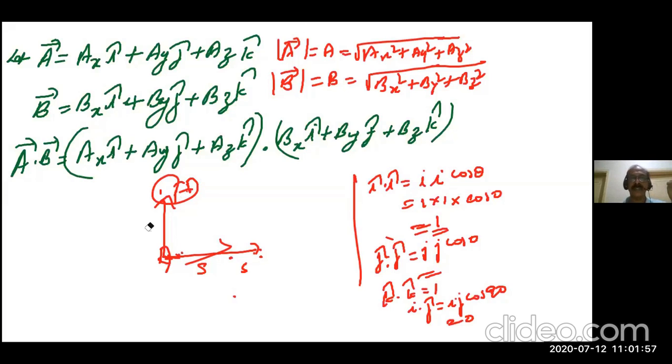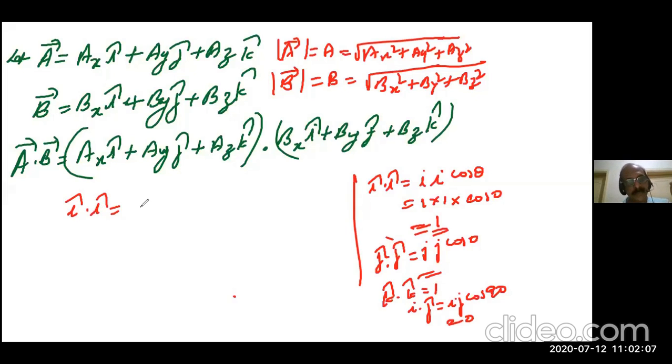Sir, excuse me, I didn't understand this concept. How did I dot I become one, sir? I dot I means what? I I cos theta. What is the value of I?